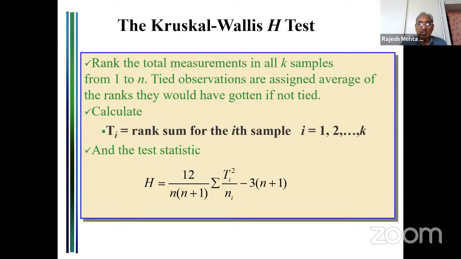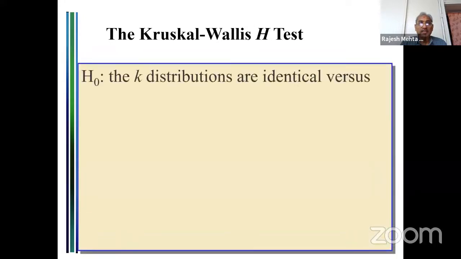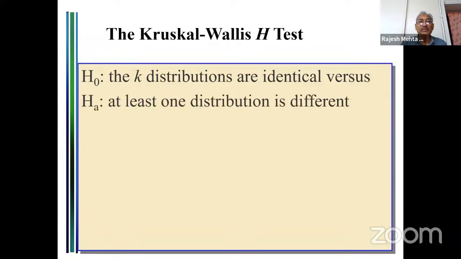The hypothesis: the k distributions are identical versus at least one distribution is different. So it will say that if out of five populations, or I say out of five samples, one sample differs, it will show that yes, there is a difference.